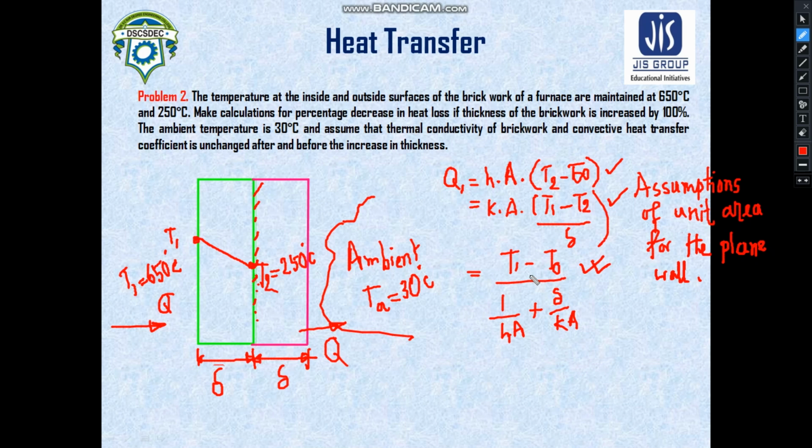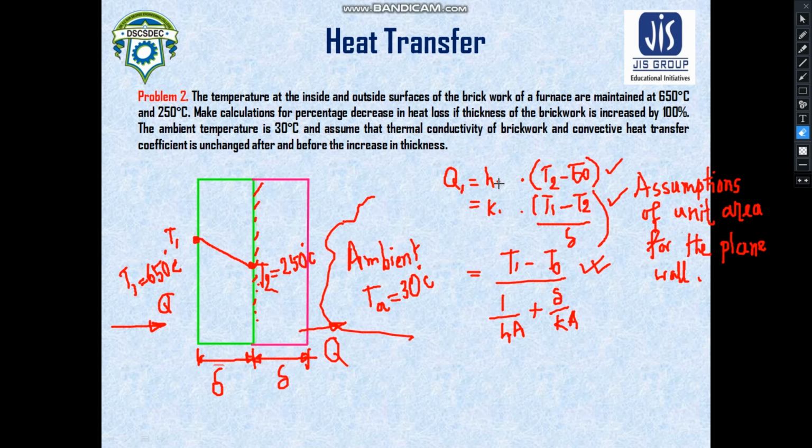Now we have assumed that this plane wall has a unit area. You might get puzzled why I have taken this assumption of unit area, because at the end of the day you will see that there will be a term A. So to remove the complications, we have assumed that this area has the value of 1.